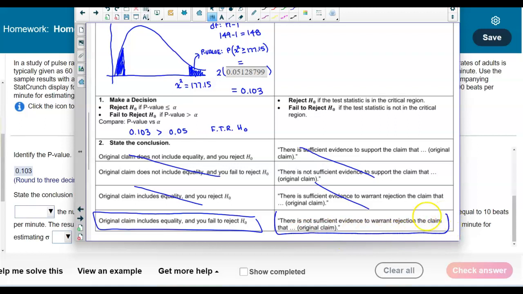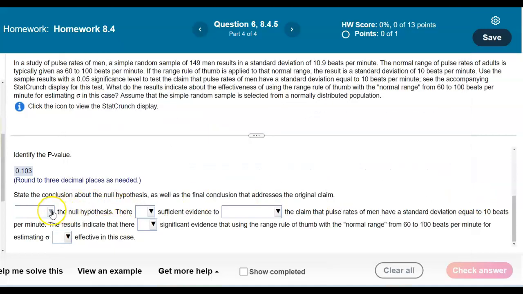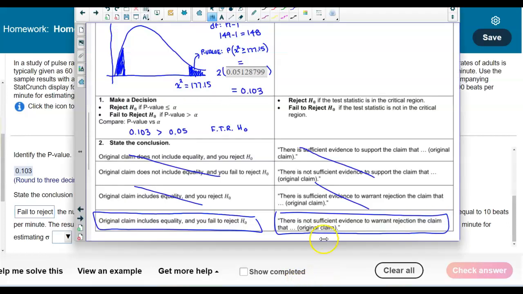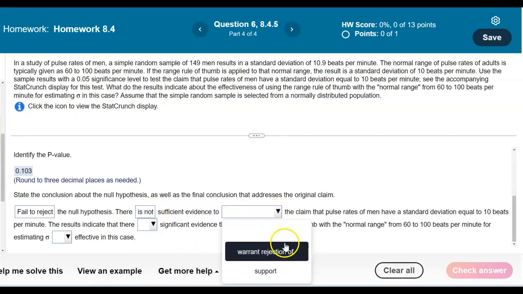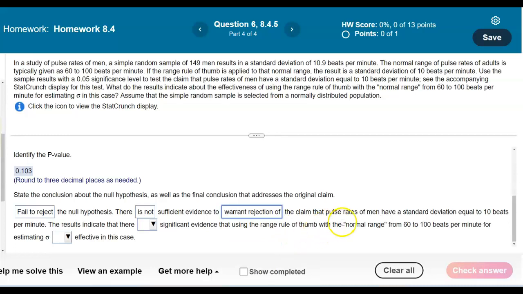That means we would say that there is not sufficient evidence to warrant rejection of the claim that pulse rates of men have a standard deviation equal to 10 beats per minute.